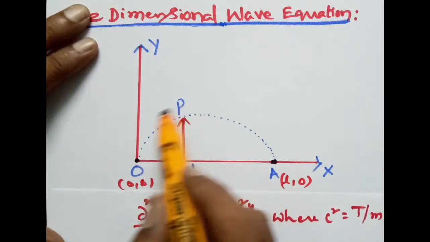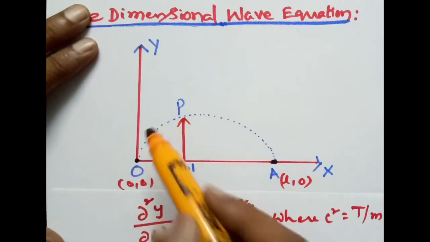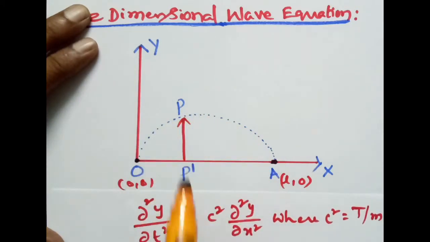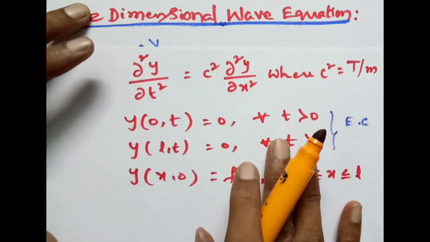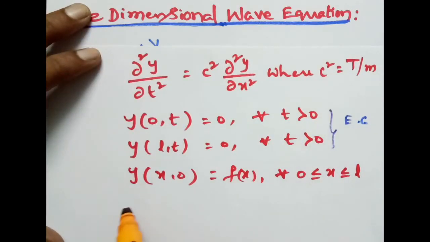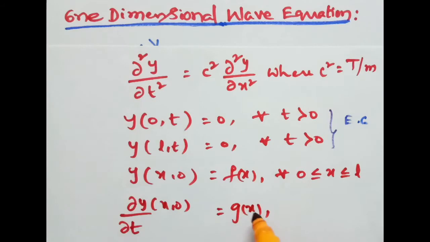Another initial condition is that the initial velocity in the string is also 0. Initial velocity at any point x at time t equal to 0. Therefore, another condition: dou by dou t of y at x comma 0 is g of x. We are assuming that.